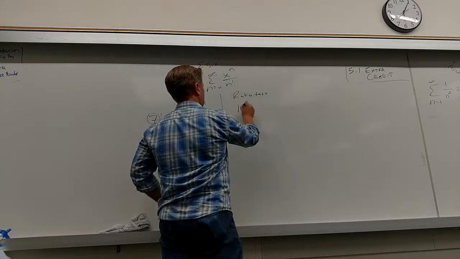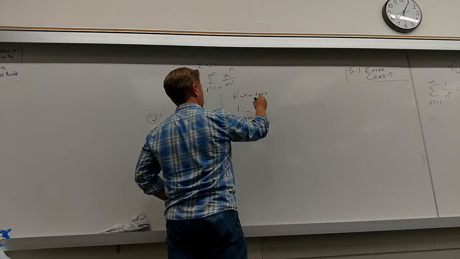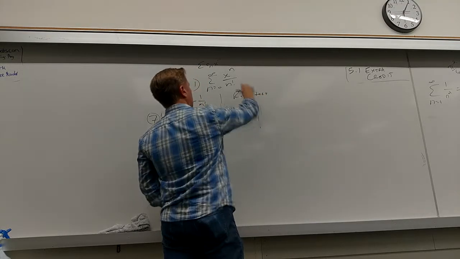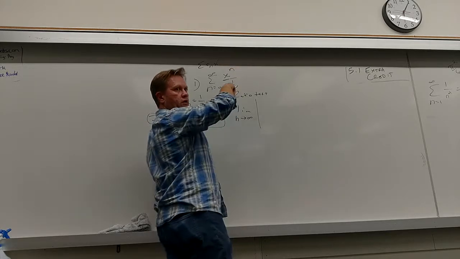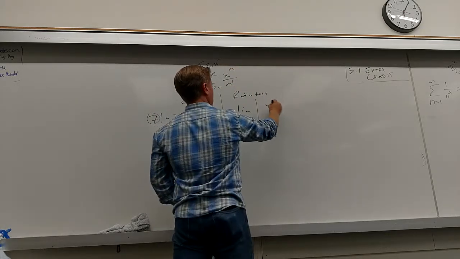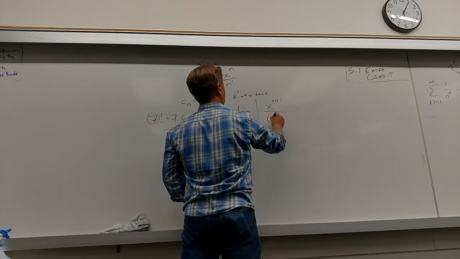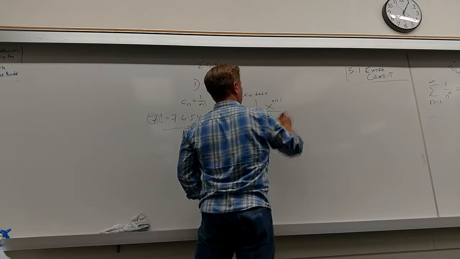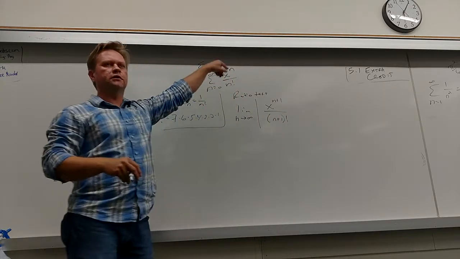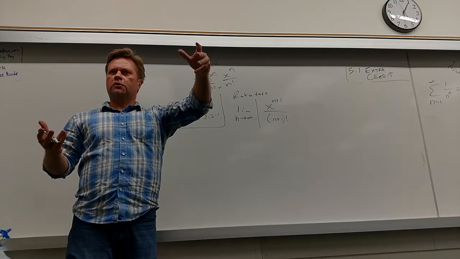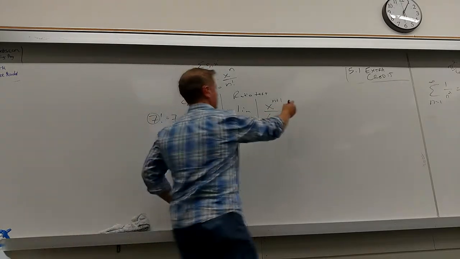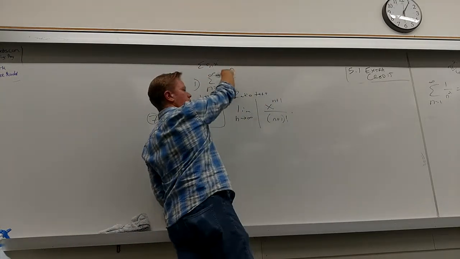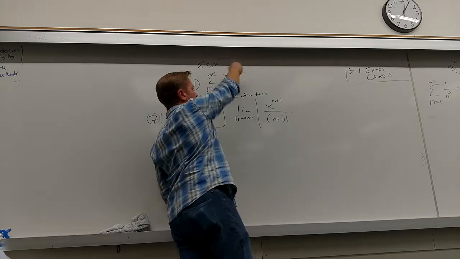The limit as n goes to infinity of this stuff with an n plus 1 in it, and what I normally do when there's a fraction here is, when you divide, of course, you multiply by the reciprocal. So times this stuff with an n in it, which is the reciprocal.